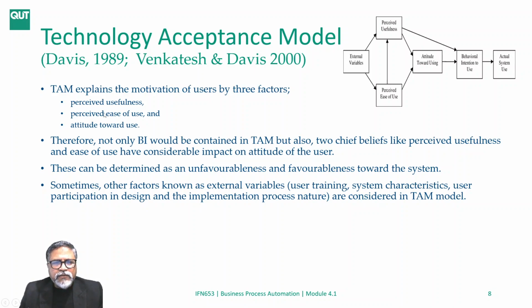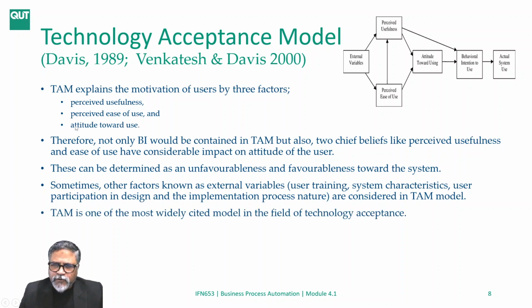Okay, so moving on, TAM, of course, as I said, is one of the most widely cited models in the field of technology acceptance, and we still use the technology acceptance model, right, to date.